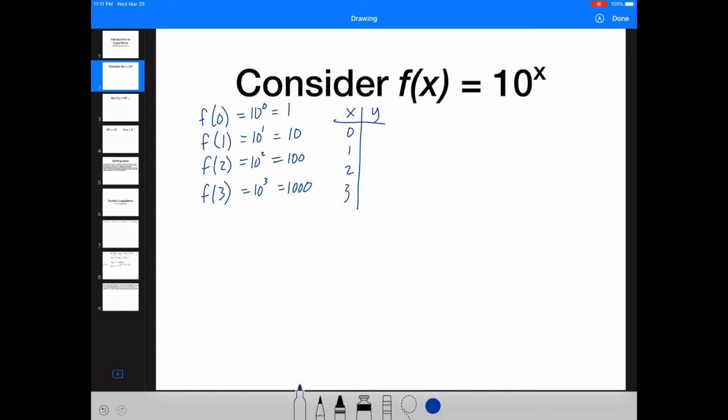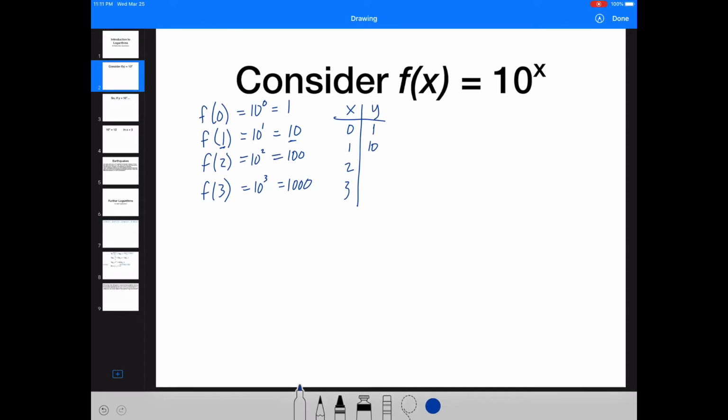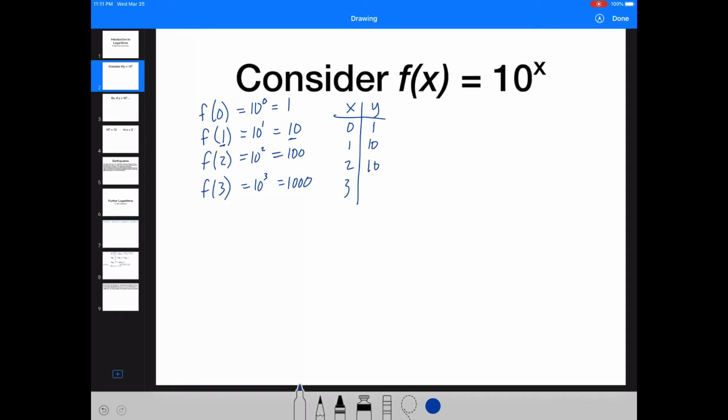This exponential function is one where when x is 0, y is 1. When x is 1, y is 10. When x is 2, y is 100. And then when x is 3, y is 1,000. All right, so this is our exponential function.